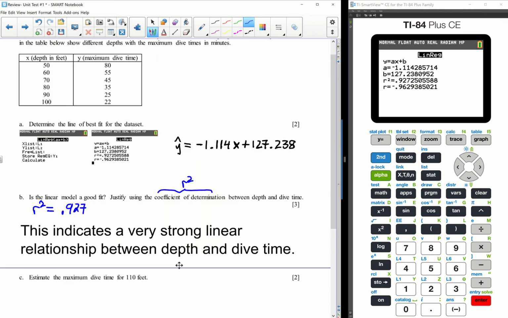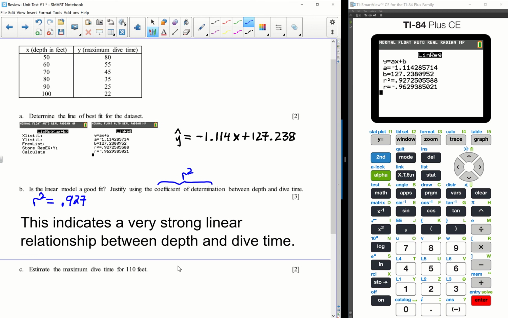Estimate the maximum dive time for 110 feet. All right. So this is all calculator ready because we stored it in Y1. We need the dive time. I like to look at the scatter plot also, although you don't really need it. I just don't want to be looking at a box plot while I'm also looking at a line.